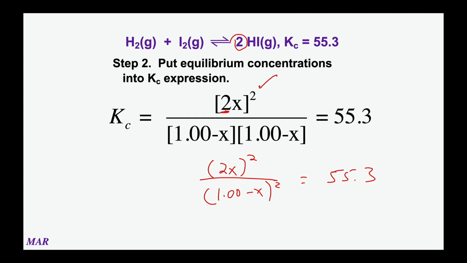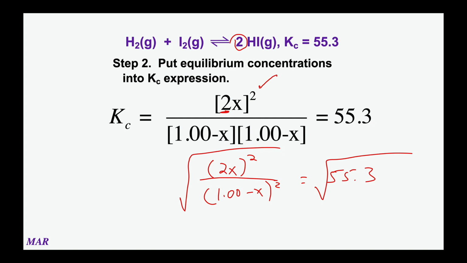Well, in the old days, again, before the solve button, when I had to walk uphill both coming to and going from school, what we would do is literally take the square root of both sides. The square root of 55.3 is just a number. I'll tell you on the next page.